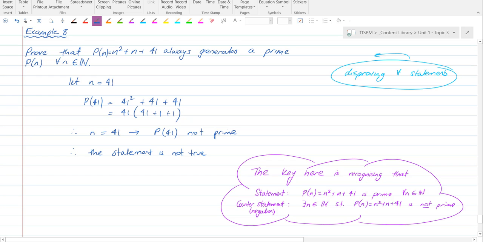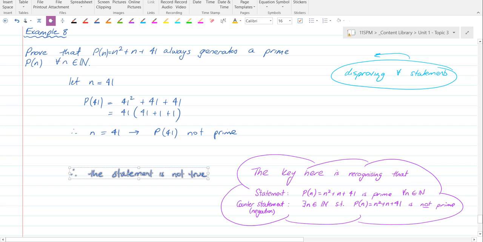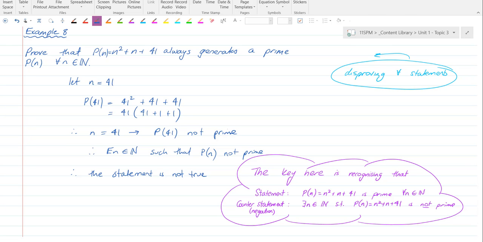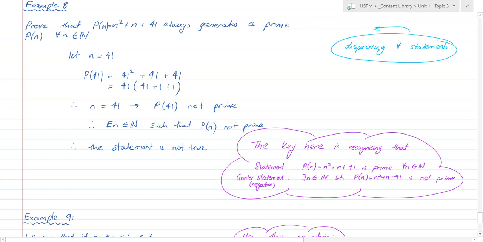And I should actually write here, I should have put it in between, and I still can, so I will: that therefore there exists an n in the natural numbers such that P of n is not prime. That's a better way of writing it. That's more elegant. Okay? Any questions on that one? All right, so that is our proof by counterexample.